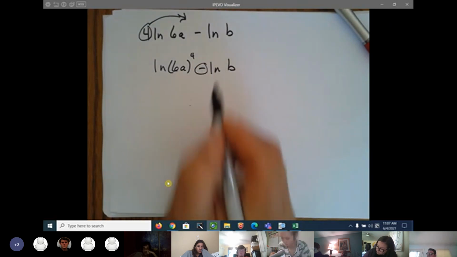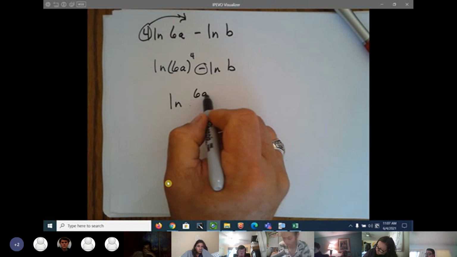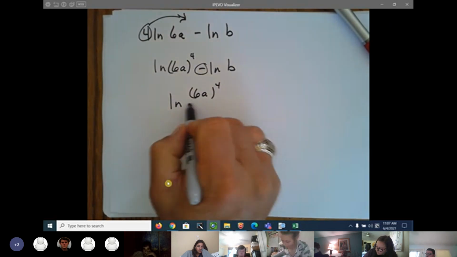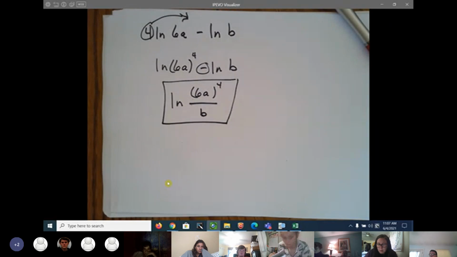And this right here says division. So natural log of 6a to the 4th power over b. So that's a rewrite. I think we did one like that in class, one of your homework problems.